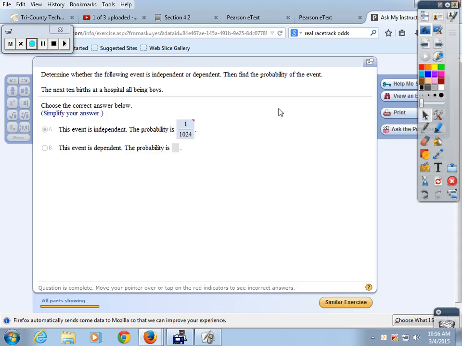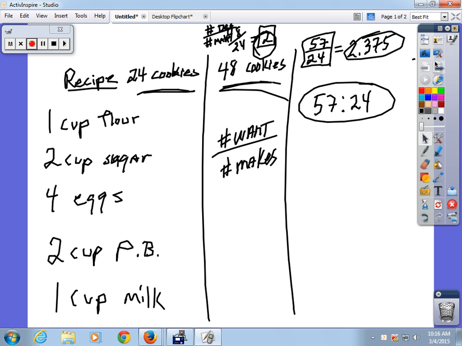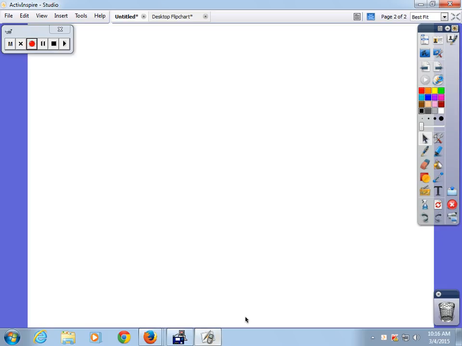I might just go over the multiplicative rule. Determine whether the following event is independent. Okay, before we do this, let's just go over the two types of probabilities.